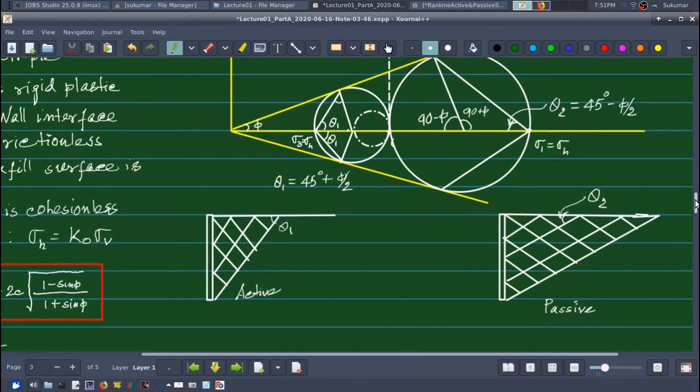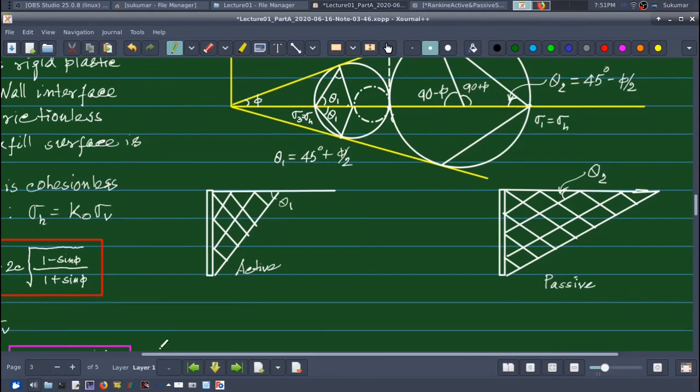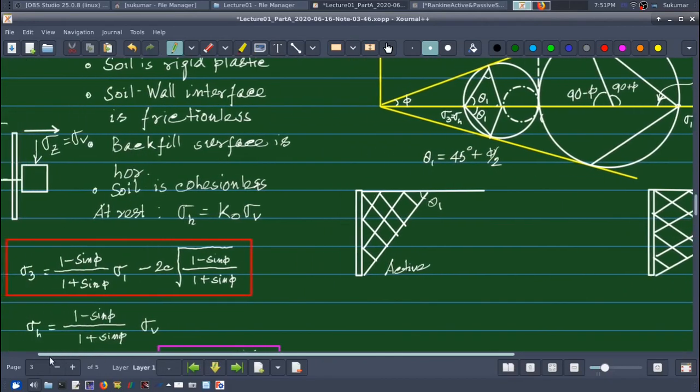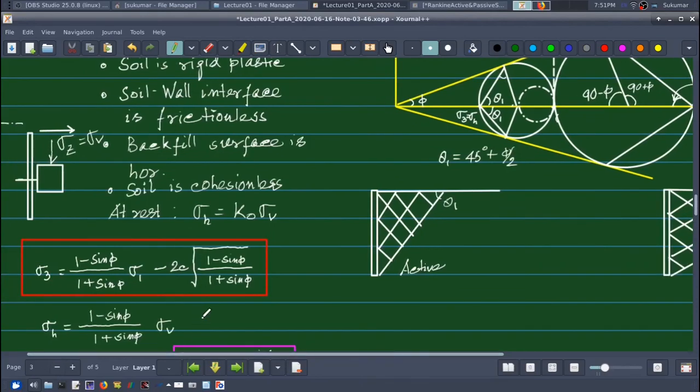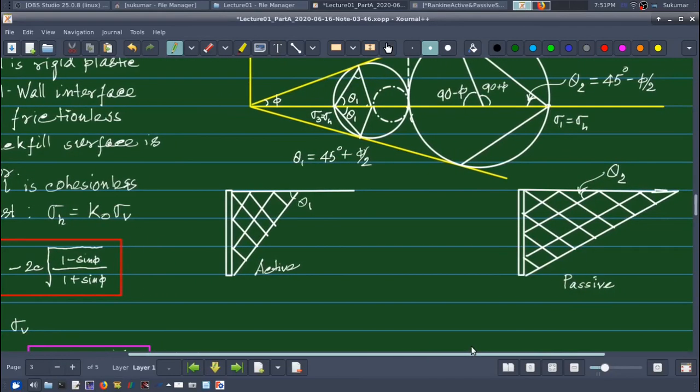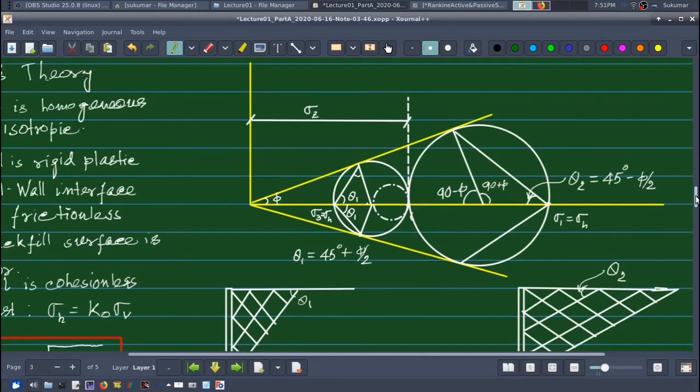The active earth pressure we have already found from the relationship between sigma 3 and sigma 1. Now in the passive case, what will happen? My sigma 1 I should express in terms of sigma 3, because this is my passive Mohr circle, right?